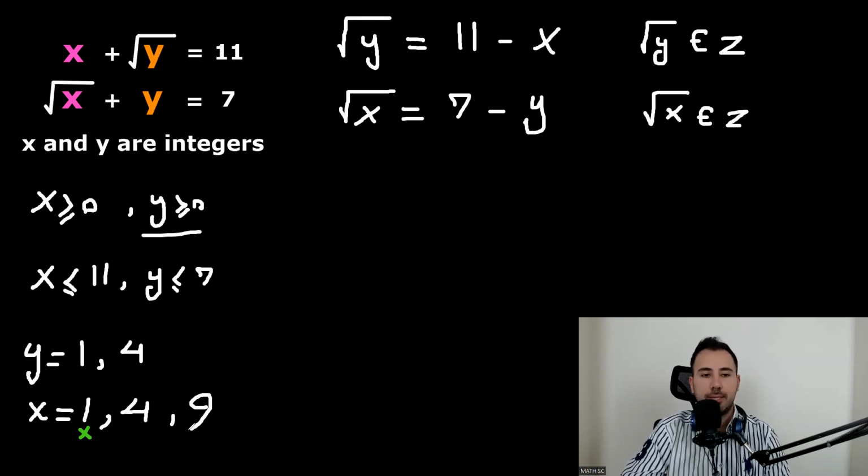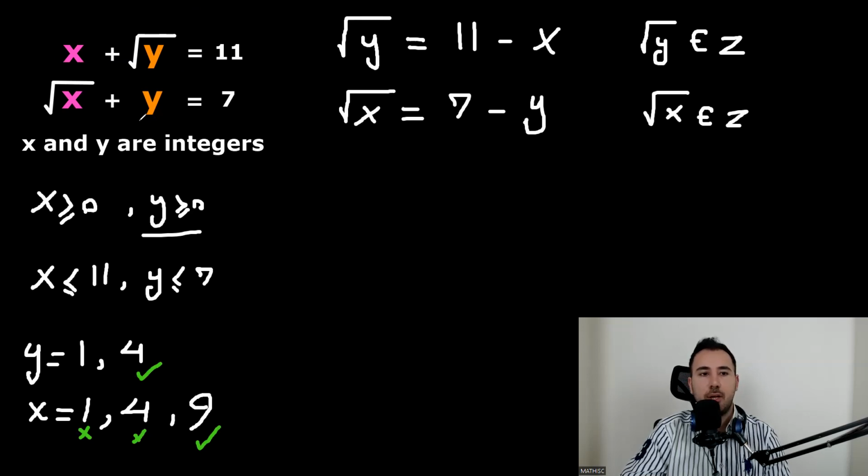So how about x being 9? Let's try the last one, the last hope. So x being 9, we'll make this 2. So y could be 4. Interesting. So this seems to work with this, right? So now let's try.